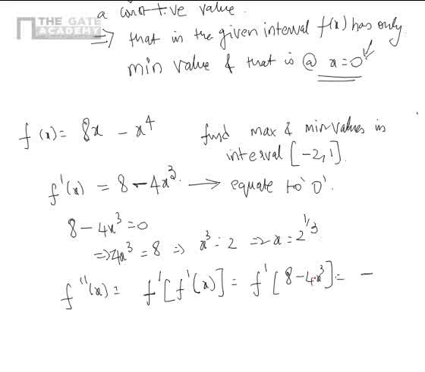So we'll get minus 3 into 4x power 2. That's a minus here. 3 into 4x square. This is nothing but minus 12x square.